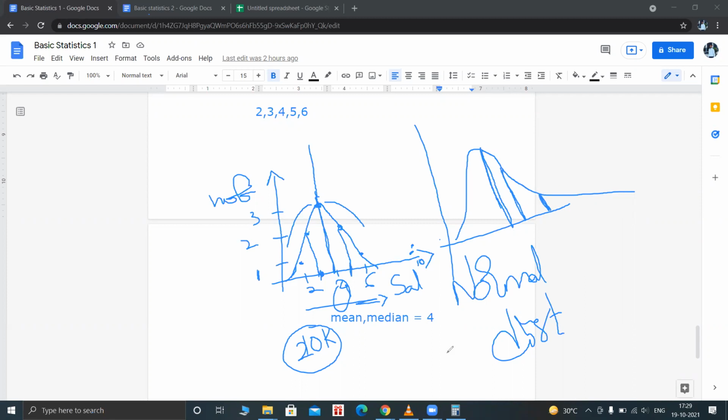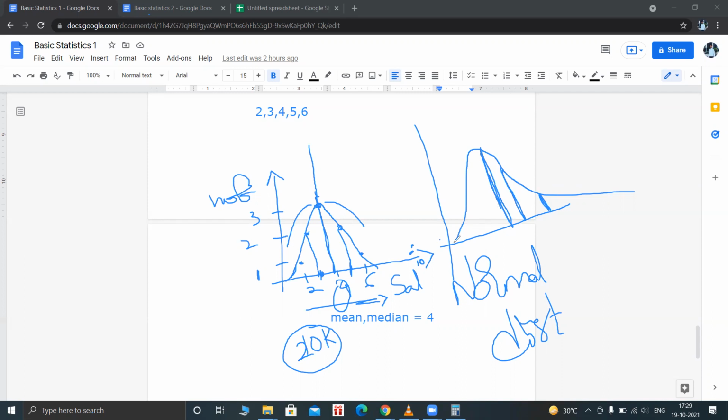And where will be the median if I add 20K instead of 10K? Is it 5 or 4.5? Same, it will be on 4.5 only, right?